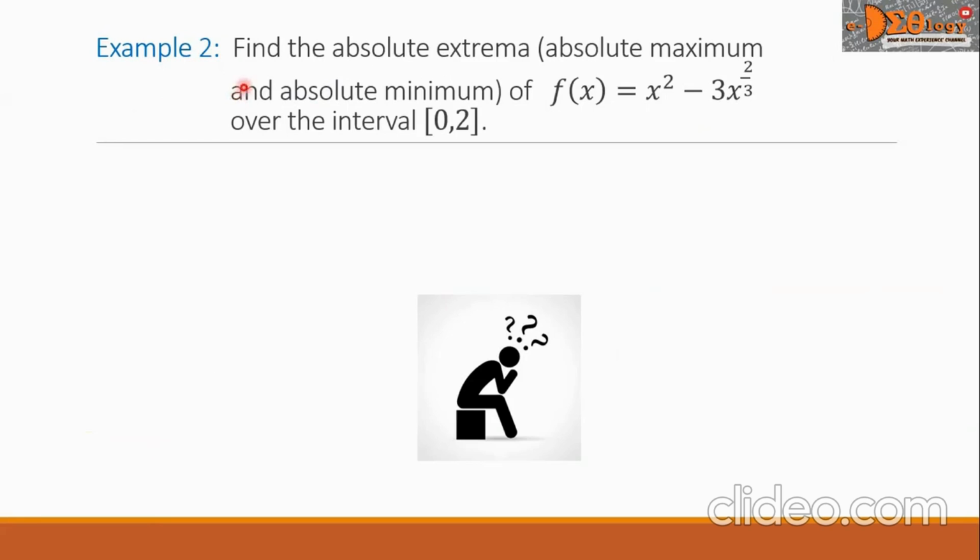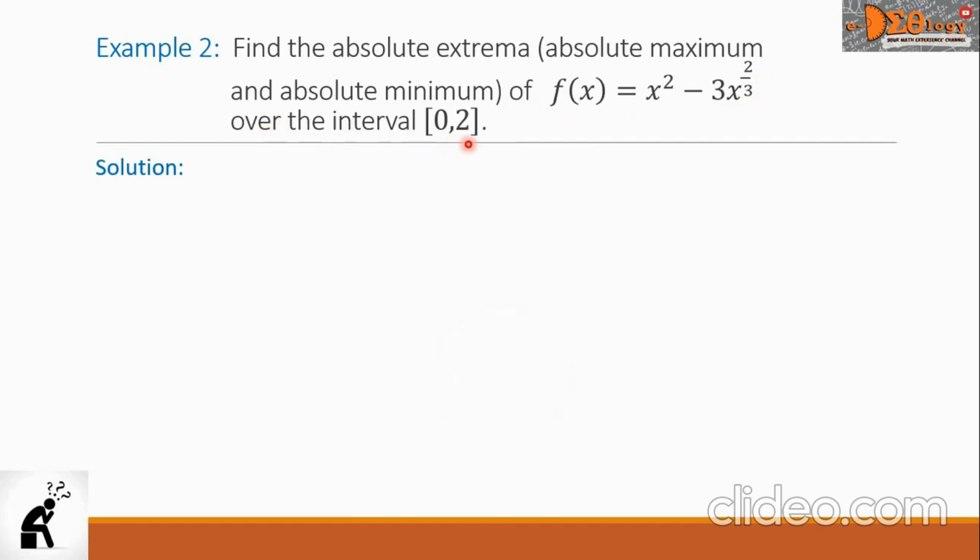Example 2. Find the absolute extrema of the function f of x equals x squared minus 3x raised to 2 over 3 over the interval from 0 to 2. For our solution, let us write step 1, and that is to evaluate the function f at the endpoints.